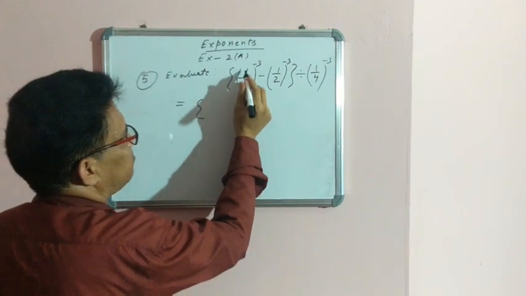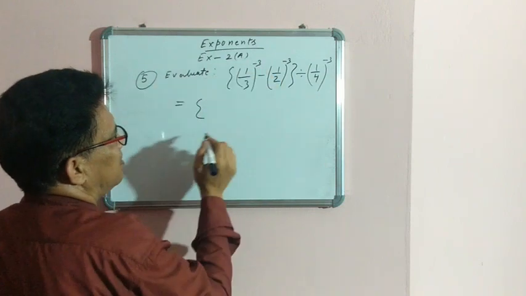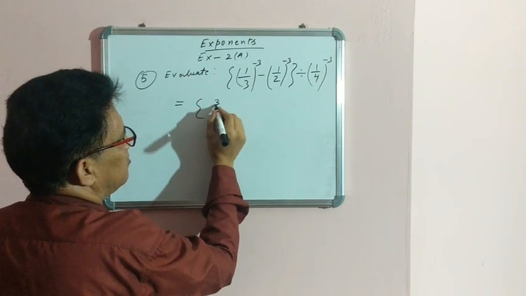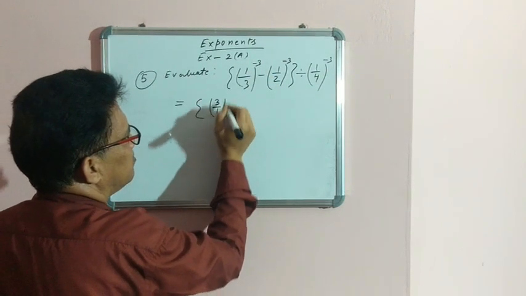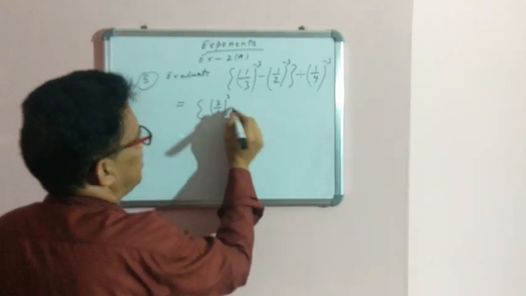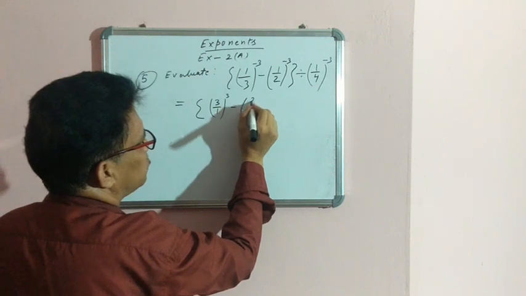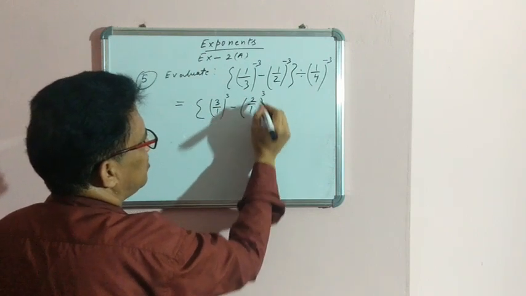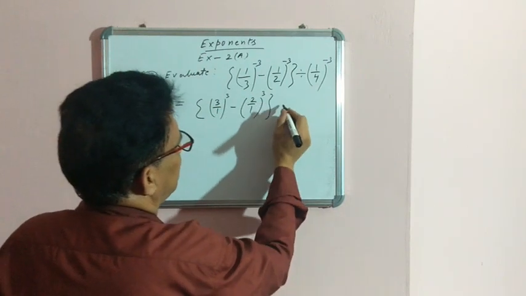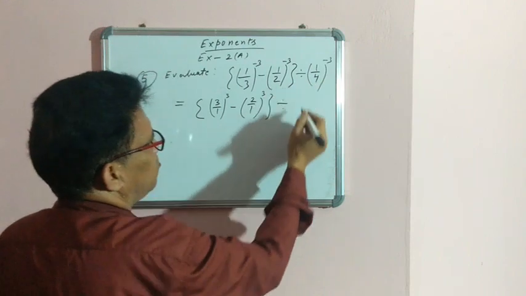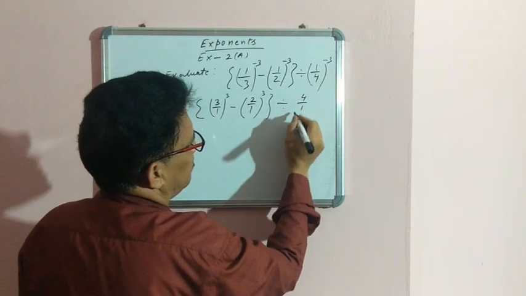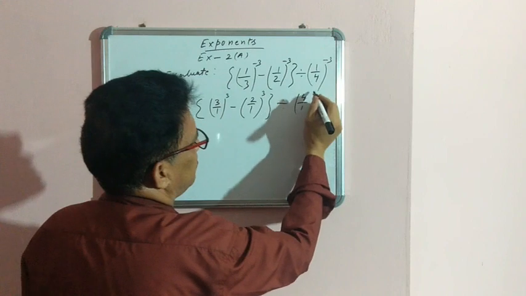So 1 by 3 power minus 3 will become 3 by 1 power 3, minus 1 by 2 power minus 3 will become 2 by 1 power 3, divided by the same thing, 4 by 1 power, now it will become plus 3.